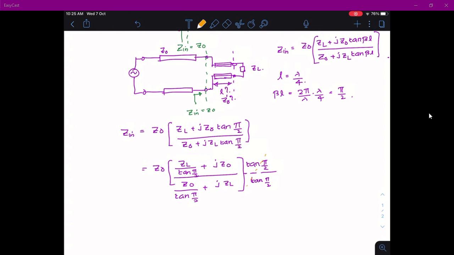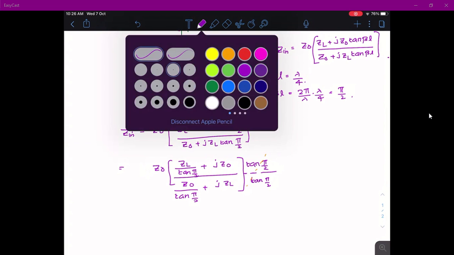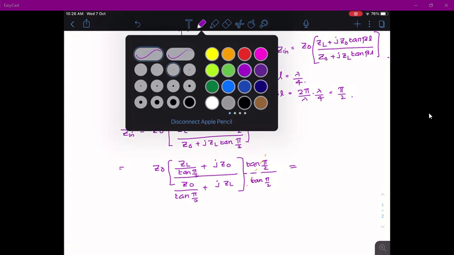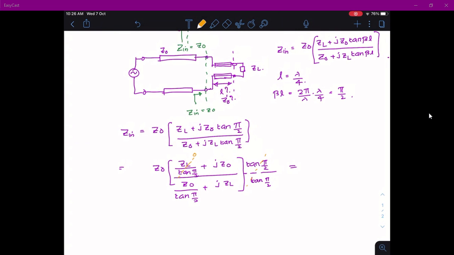Now when I put a limit, as tan π/2 tends to infinity, this value will become 0, and this value will also become 0.